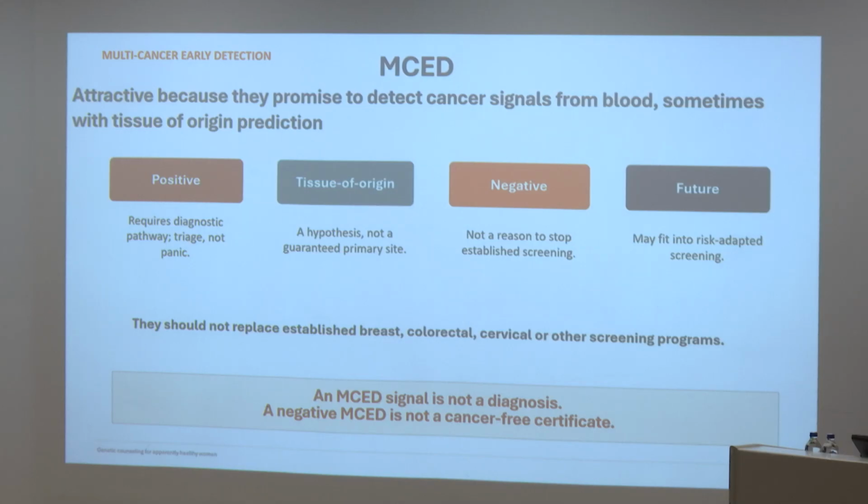And sometimes it gives the tissue of origin prediction. So a positive test requires a diagnostic pathway. It's a triage opener. Do not panic if this test is positive. If it gives the tissue of origin, we shouldn't forget that it's only a hypothesis, not a guaranteed primary site.